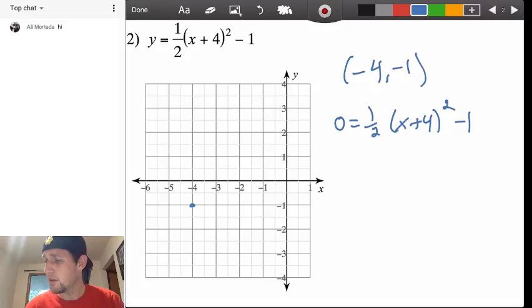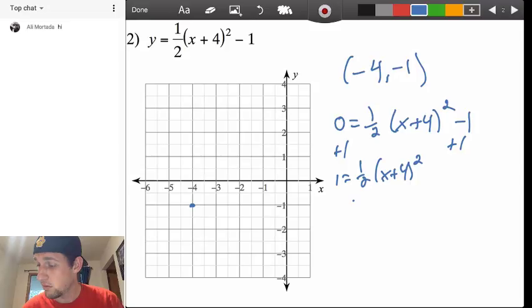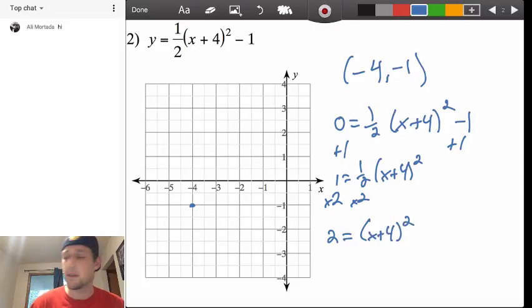All right, issue number 1. We're going to solve this for x. We're going to add 1. 1 equals 1/2 x plus 4 quantity squared. We're going to multiply by 2. 2 equals x plus 4 squared. And now you might see what our first problem is, because we're going to take the square root of both sides here.